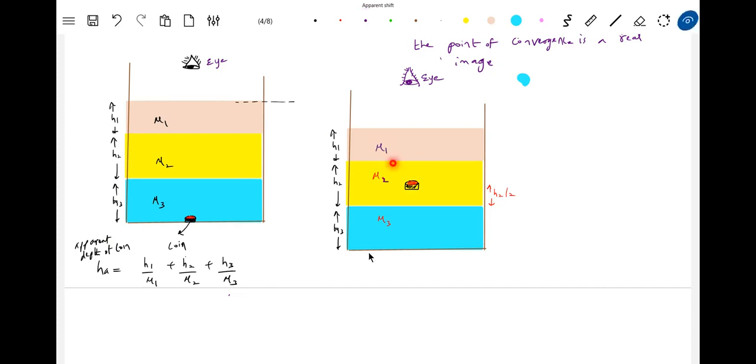In that case, the apparent depth will be h1 by mu1 plus h2 by 2 mu2.